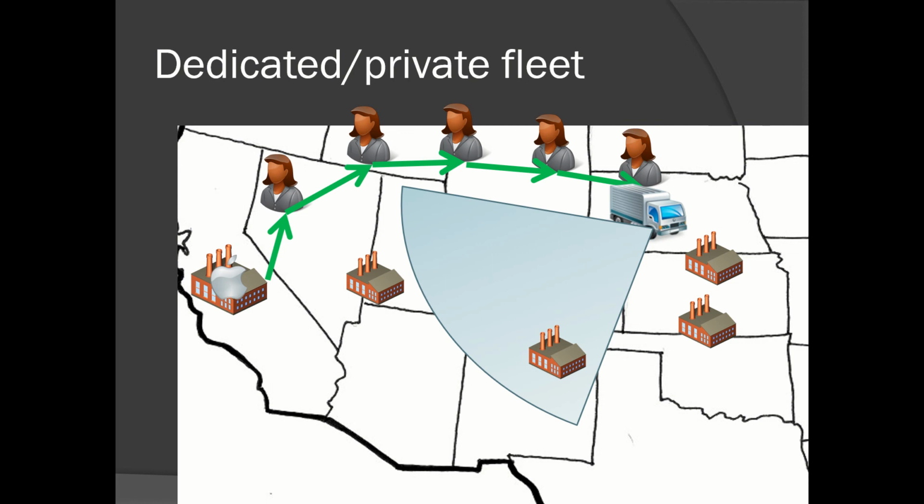So when you have a private fleet, you can tell that driver, hey, why don't you head down into Arizona or maybe New Mexico and make a pickup on your way back, and then maybe stop in Nevada or Utah and make some pickups, right? And then bring those back to the plant.